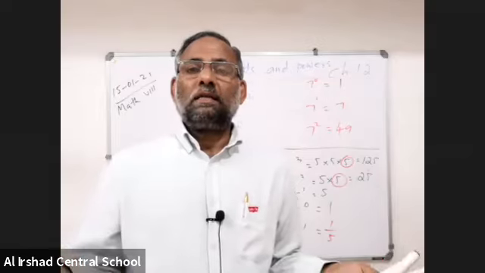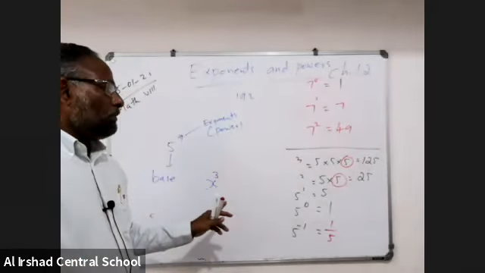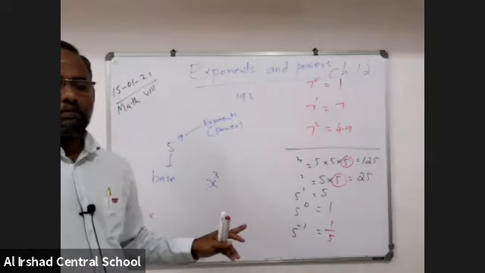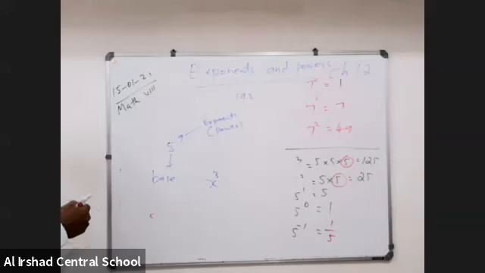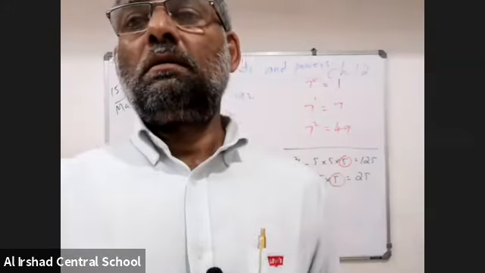We know x is a variable. Now 3 is the cube. Now tell me, what is the base here? Vidilaj, what is the base? x. Fatima, Farhana, Hiba, is it correct or not?